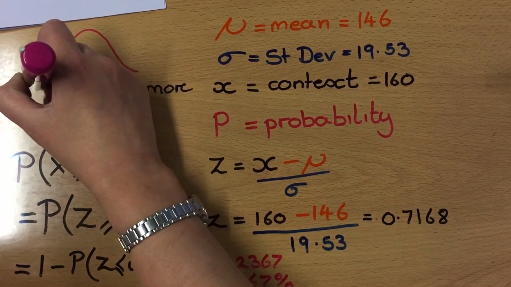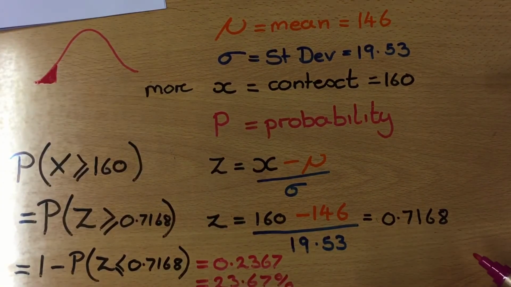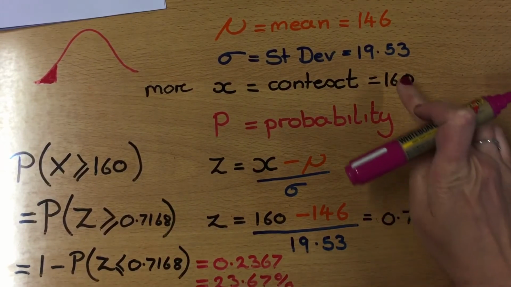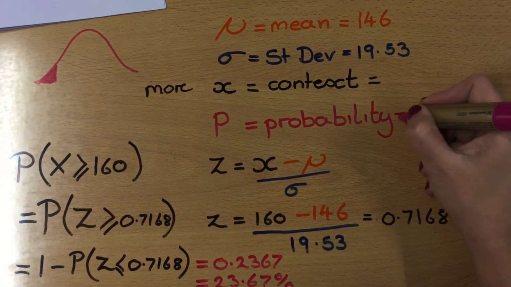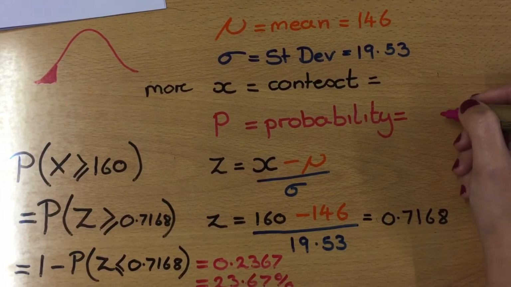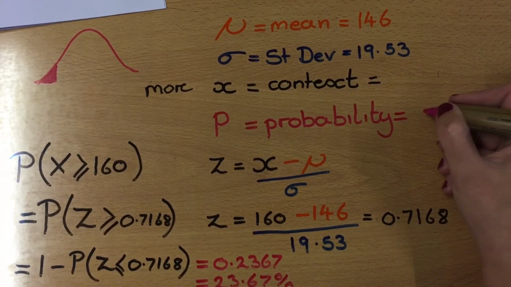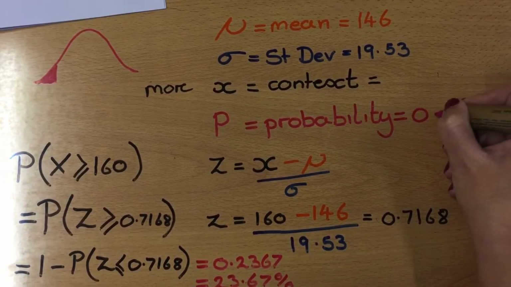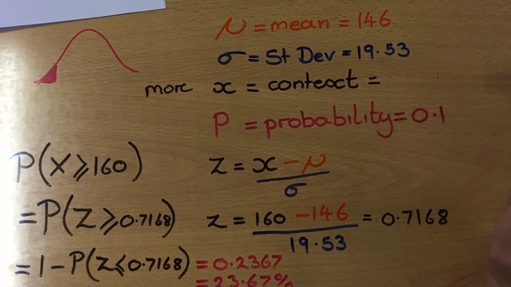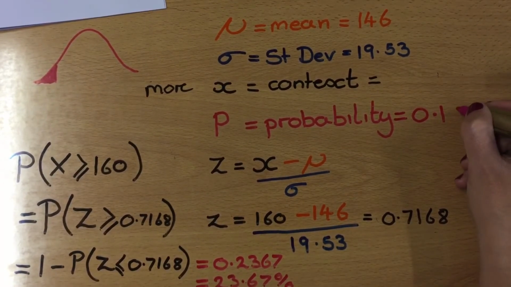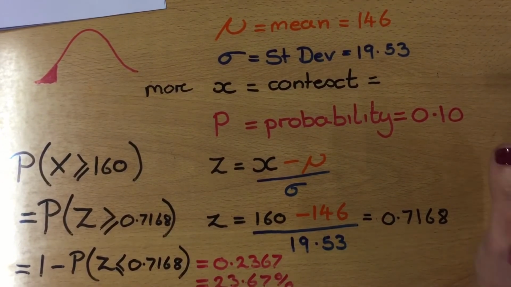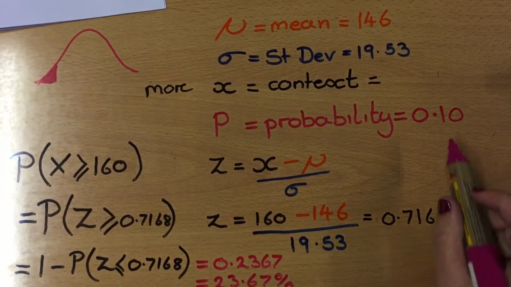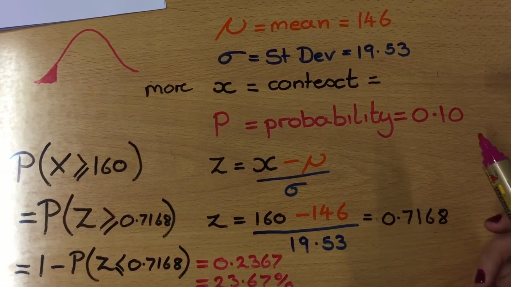So, we don't know the context this time, but we do know the probability, smallest 10%. So 10% is 0.1. Writing it as 0.10 isn't technically correct, but they can't kill you for it.